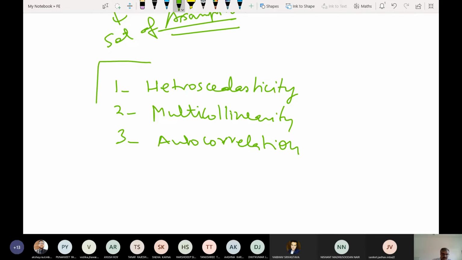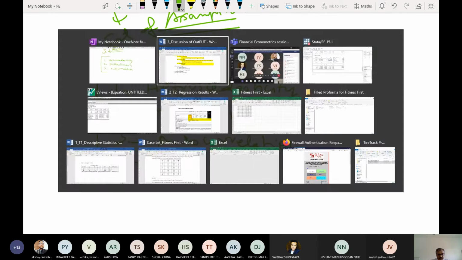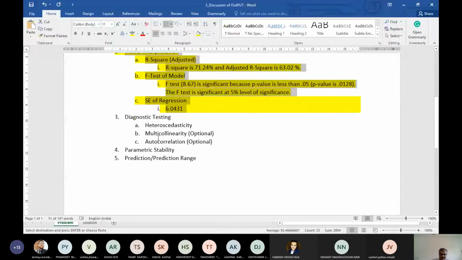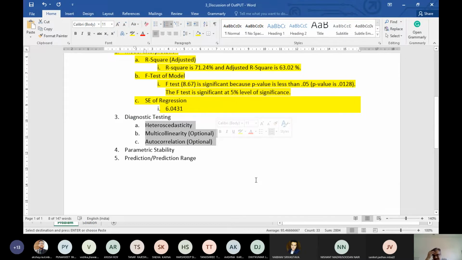So normally when we are running regression analysis, we surely have a discussion on these three aspects of diagnostic testing. As you are finding in the template, multicollinearity and autocorrelation are written as optional because that depends on case to case. We'll unfold as we reach there. We'll start with heteroscedasticity.